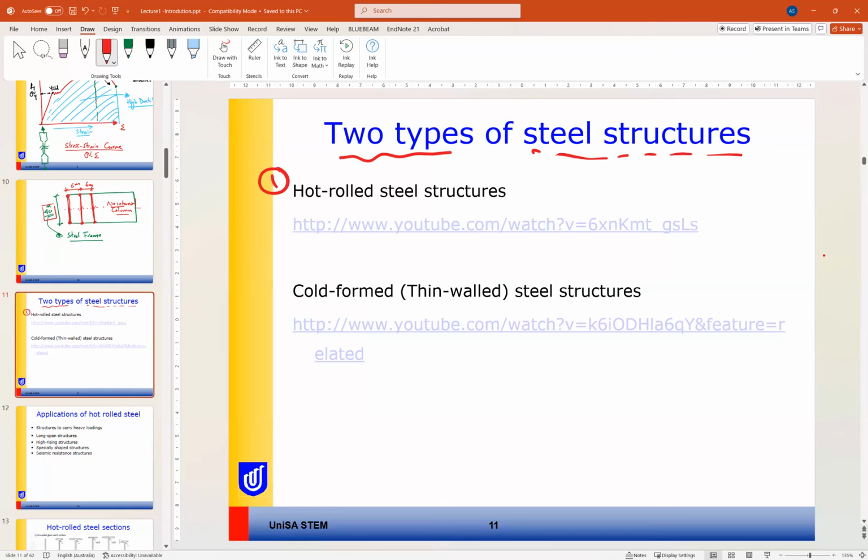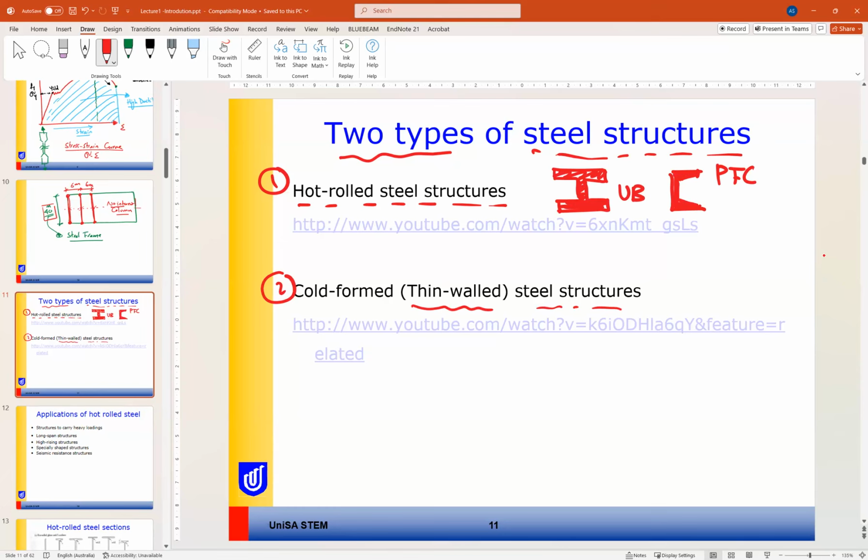The first one is the hot rolled steel section, like I-beam or universal beam section, or broad flange beam, or sorry, broad flange channel, and so on. So these are hot rolled. Cold formed steel are thin walled. This one is thick walled steel.